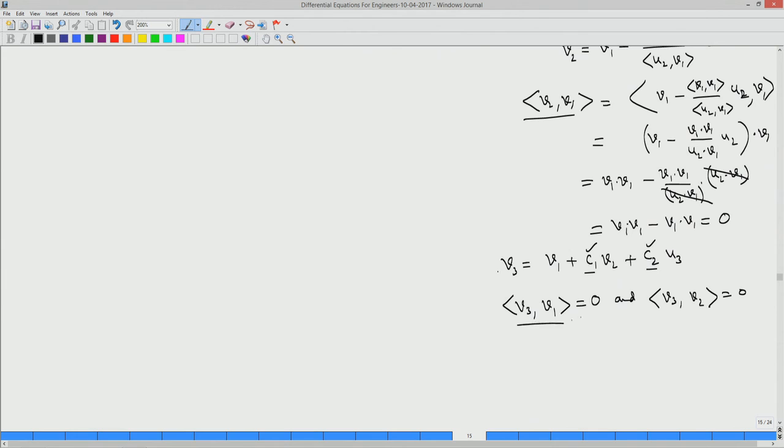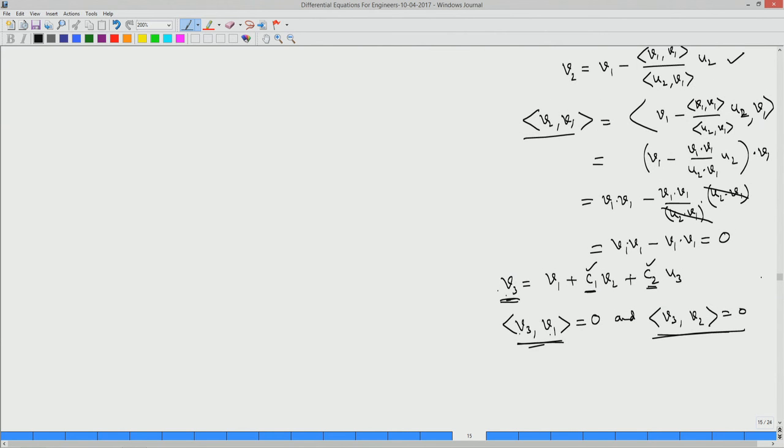So, I have 2 conditions here, and with these 2 conditions I can get the 2 constants. Whatever you get, you substitute back here, and I get V3. Then V3 is actually perpendicular to V1 and V2. Like this you can go on.